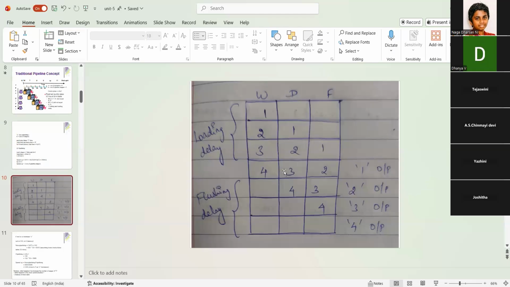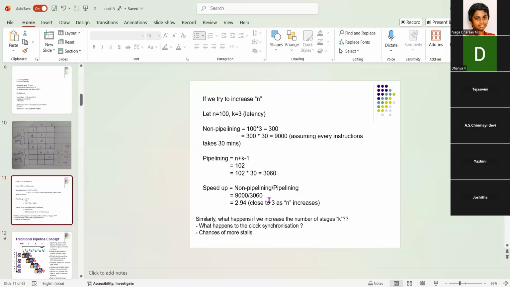Okay, so we can try to fix that by actually increasing the number of people. Here it is just 1, 2, 3, and 4, like 4 people. So why can't we make it more and more people? Let's consider the case where our n is very large. Let's take n to be 100 and k is still 3, because 3 is our number of steps.